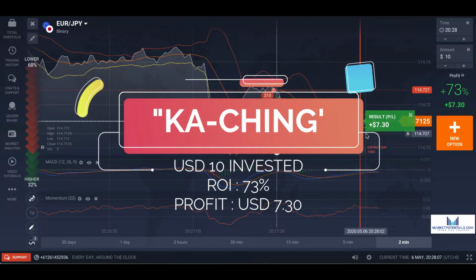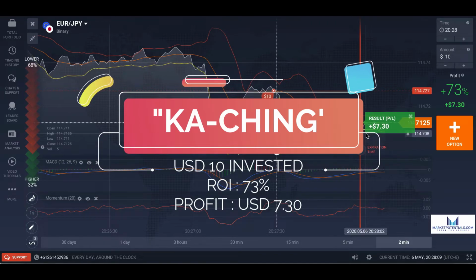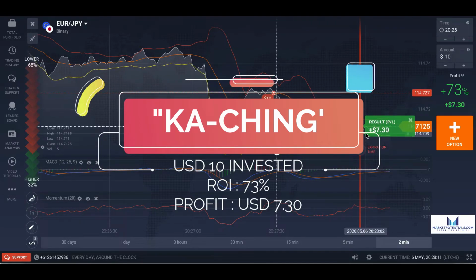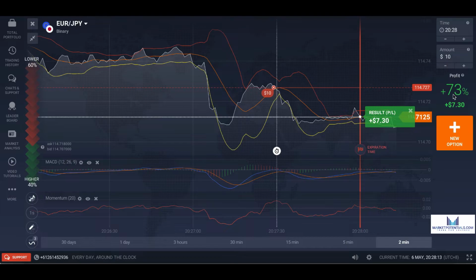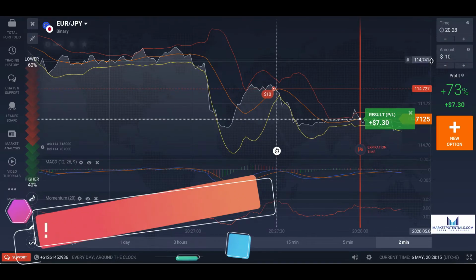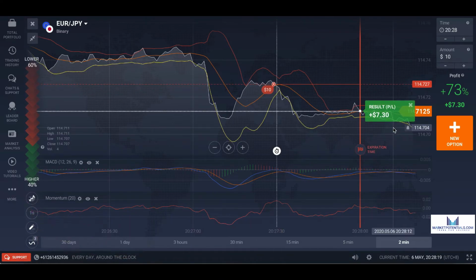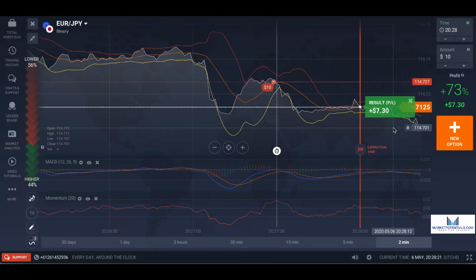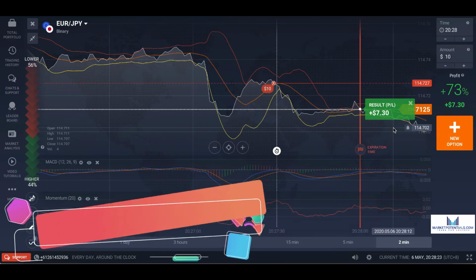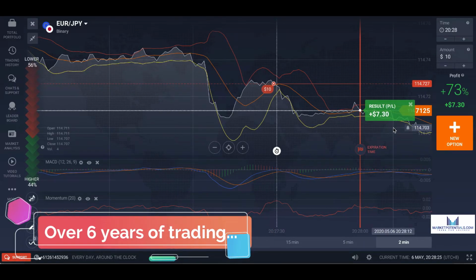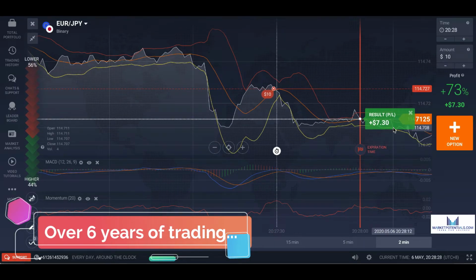of your first profit. If you're new to this platform, I literally just showed you how you can make a 73% return on your $10 initial deposit, guys. Now, I've done this countless times. I've been using this platform for over 6 years now, specializing in binary option trades, and I've been able to make some crazy amount of returns.